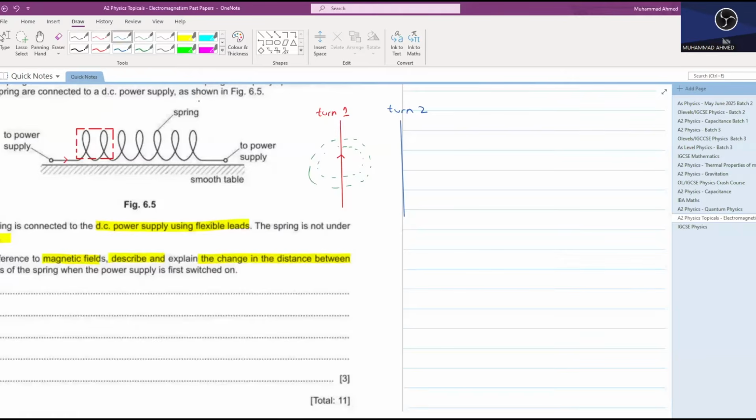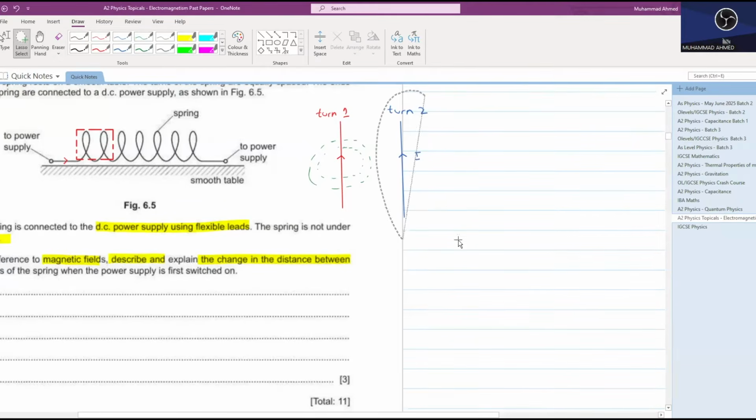And when the current goes into turn 2, what will happen? This current in turn 2 will interact with the magnetic field of current 1. A better way to visualize it is like this.